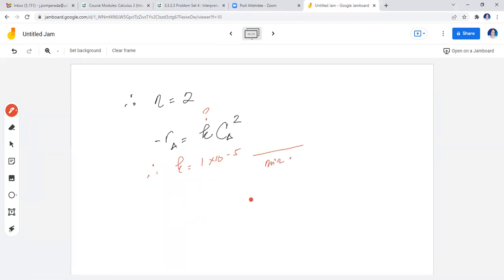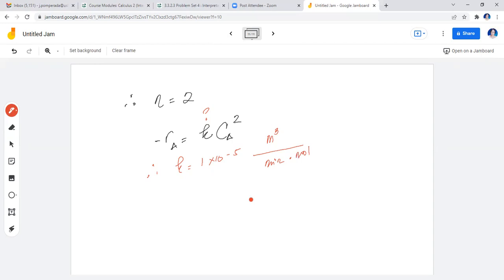What would be the other set of units that should go with the per minute? It should be cubic meter per mole. Cubic meter, because our empirical data is in concentration, mole per cubic meter.